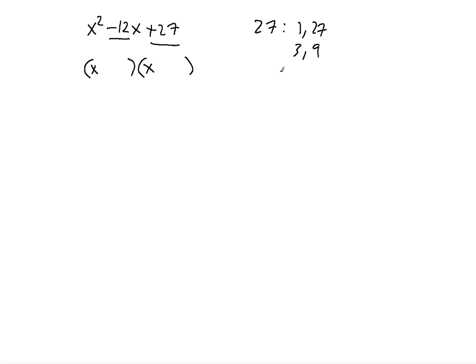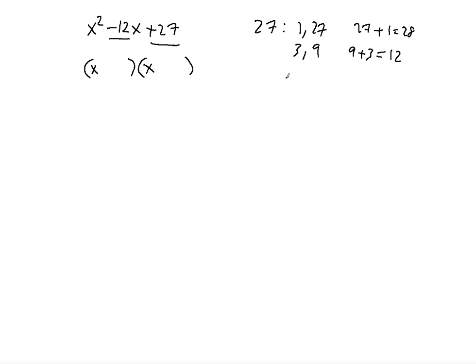Now, we have to choose one of these pairs of factors whose sum will be negative 12. Okay? Well, keep in mind that you might say, but there's a negative 12, but if we sum up the factors, it will give us either 28, 27 plus 1, or 9 plus 3 is equal to 12, but we don't get negative 12.